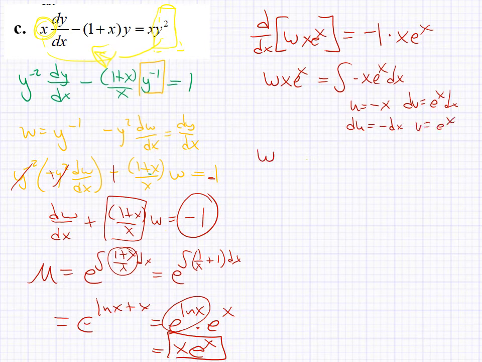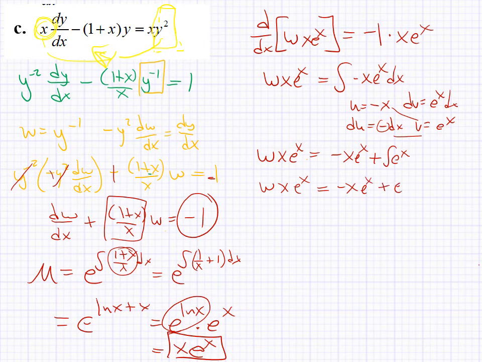So we end up with w x e to the x equals u times v, so negative x e to the x, minus the integral of v du. So this has a minus already, so it becomes plus the integral of e to the x. So we end up with w x e to the x equals negative x e to the x plus e to the x plus c.